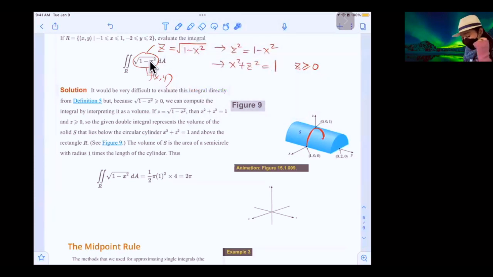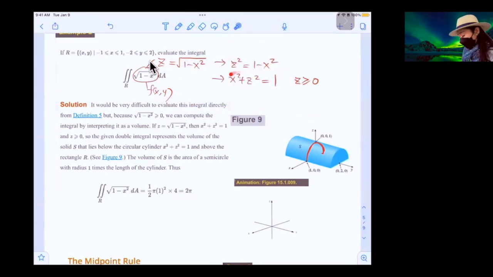Now, the graph for this is going to be a cylinder, remember? This is just on the xz plane, but imagine it going along the y direction, because y could be any number.